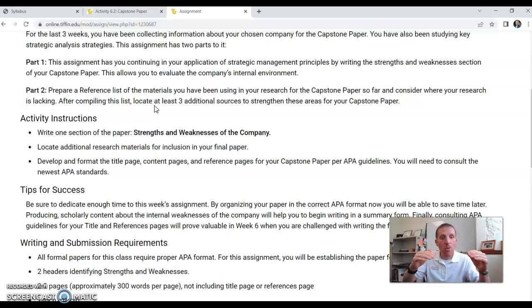Then what is required within this week's assignment is, once you've listed those sections out that you've already gathered references and resources around to be able to do that analysis, you then need to say, this area around the PESTEL analysis is light for references.